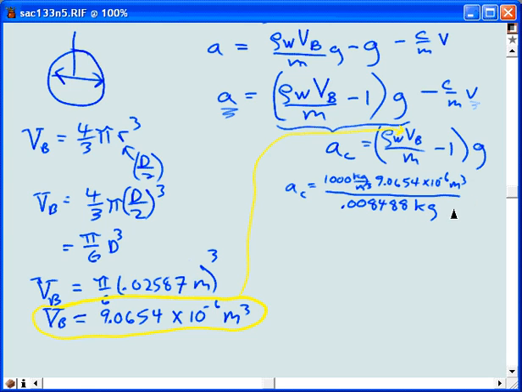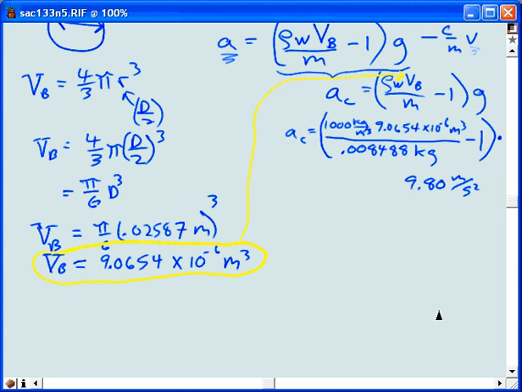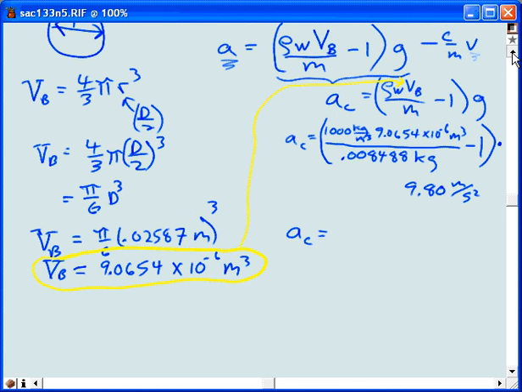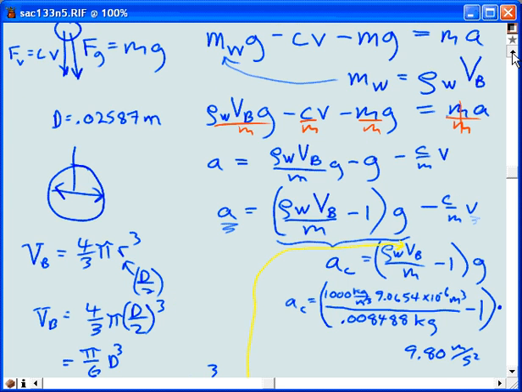kilograms. And then minus 1 and times 9.80 meters per second squared. And let's go ahead and evaluate that. So slide this down a little bit so I can see it.